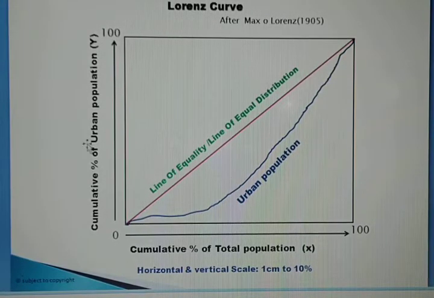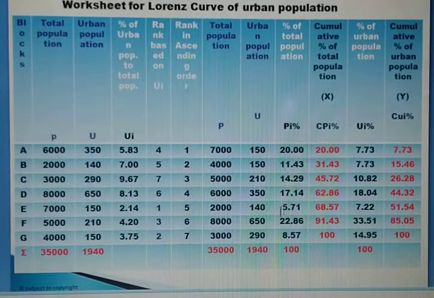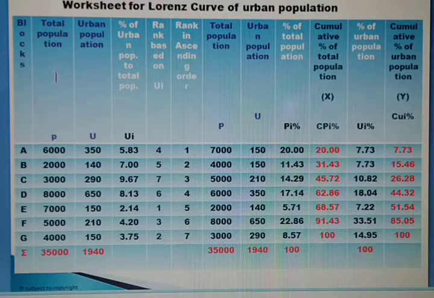So here this column represents the y value, whereas this column represents the x value. So how to find out these y and x variables? So here you can see this is total population and this is urban population. So this is the x variable, and this one is the y variable.